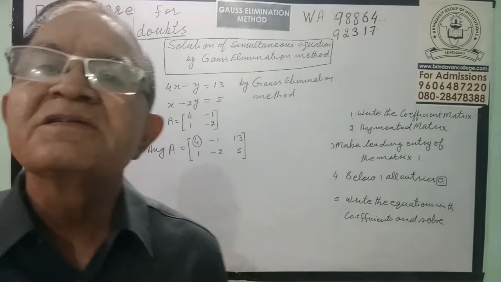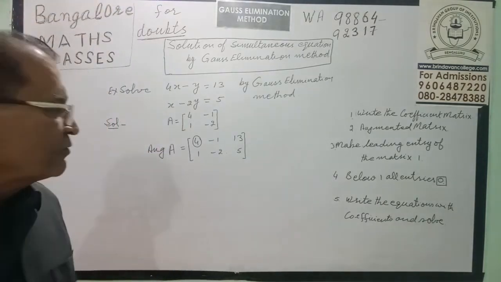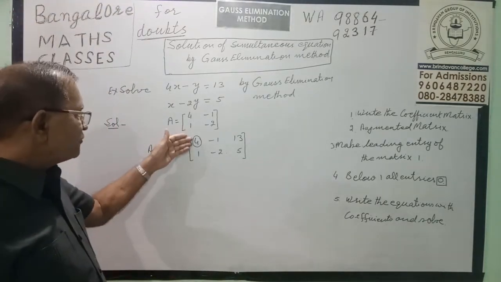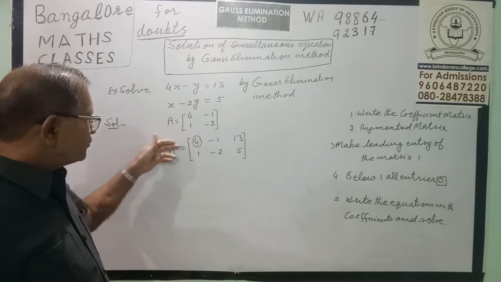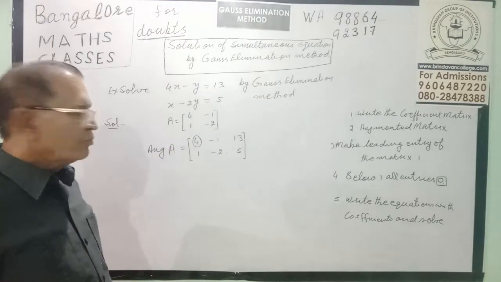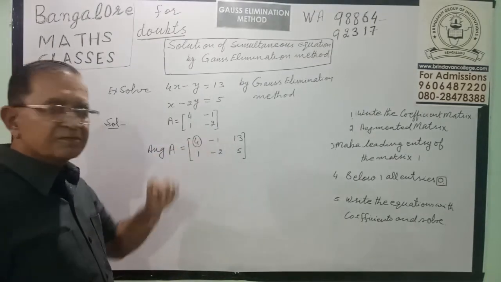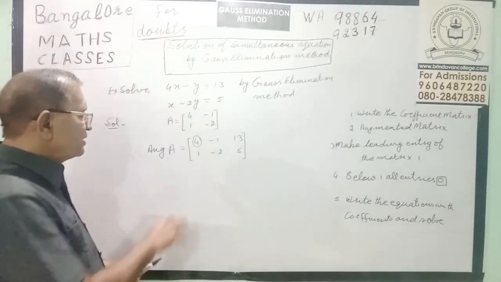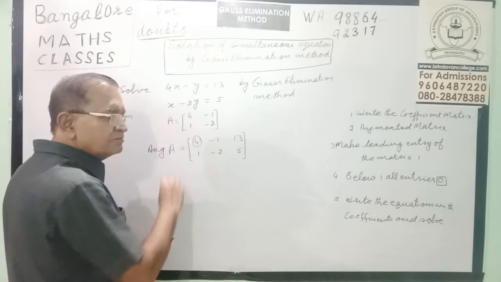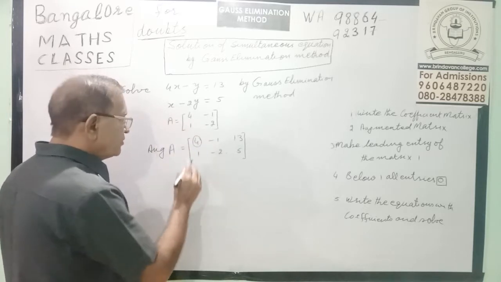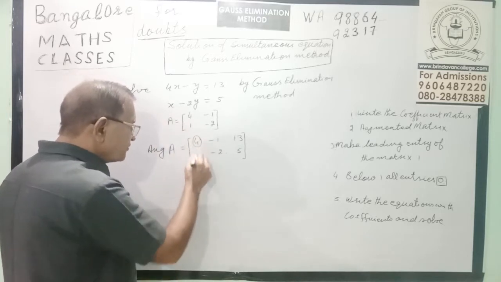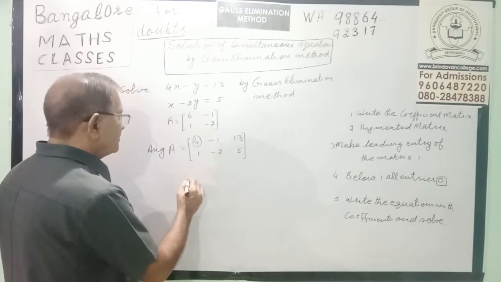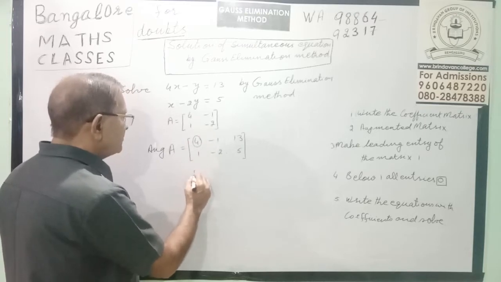We have two methods. First method is go for 1/4 of this row. But fraction will come out to be in this. Go for easy way. Interchange any row. If 1 is there in the first column. So here 1 is there in the first column.